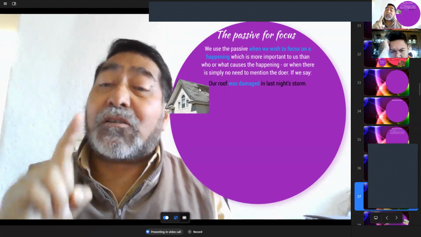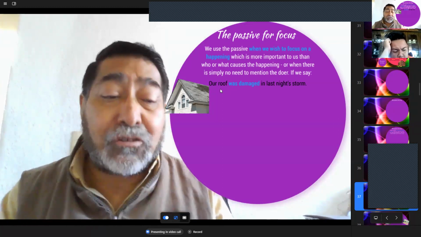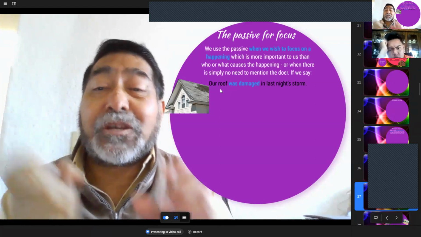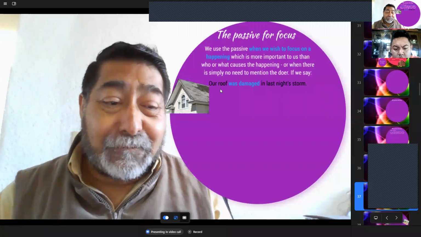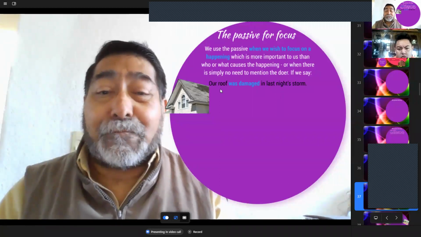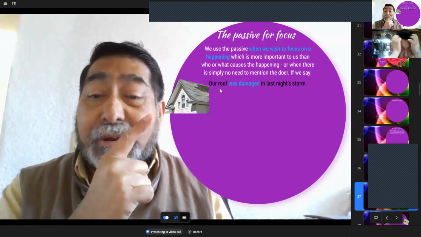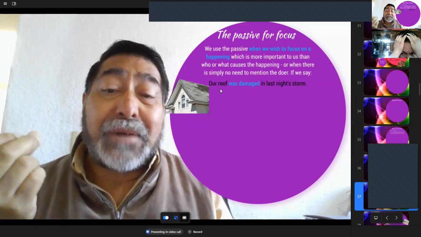Where we say the roof was repaired by Salvador. I mention Salvador at the end, by Salvador, because Salvador is the doer of the action. So another example: the roof was repaired or was fixed by Salvador.